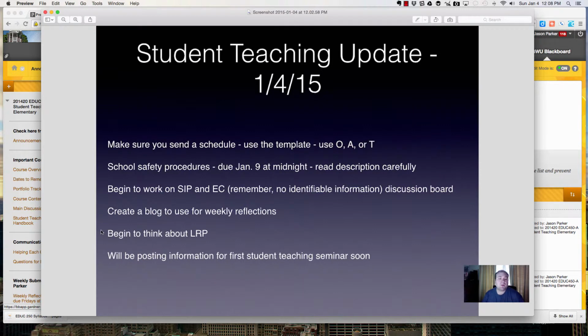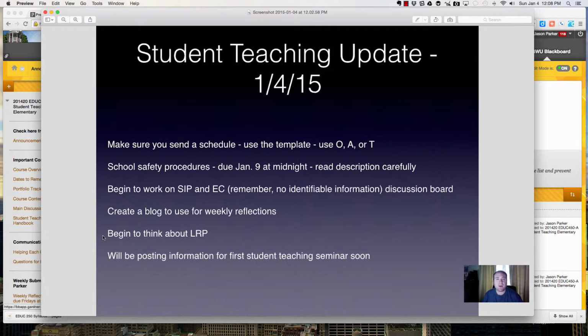It's also important for you to start thinking about your long-range plan, which requires you and your clinical educator to determine the pace at which you will assume various teaching responsibilities throughout the semester. As a reminder, you must maintain 10 full weeks of classroom instruction throughout your student teaching experience.